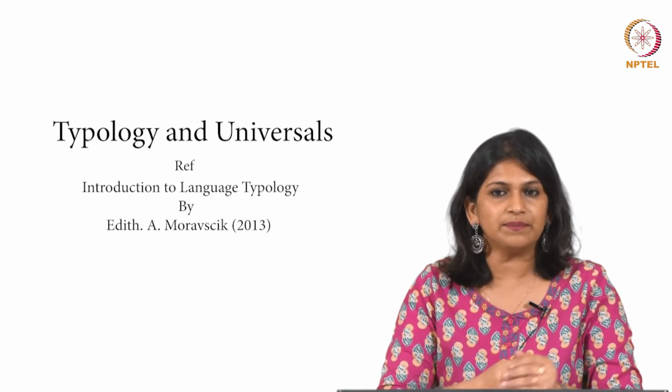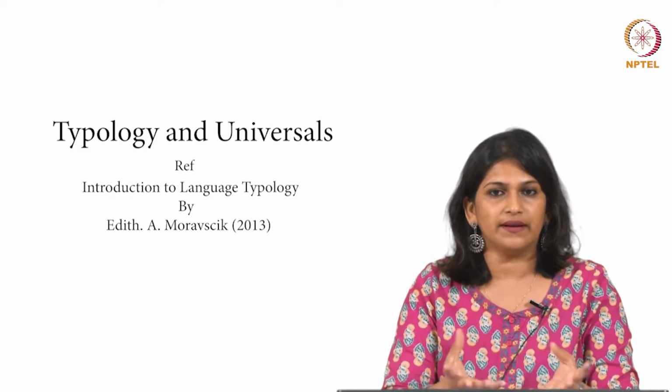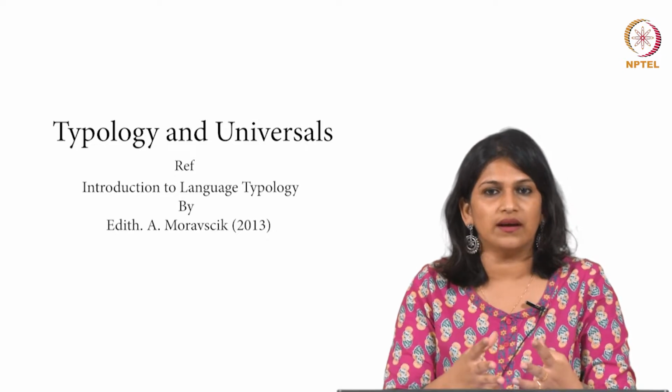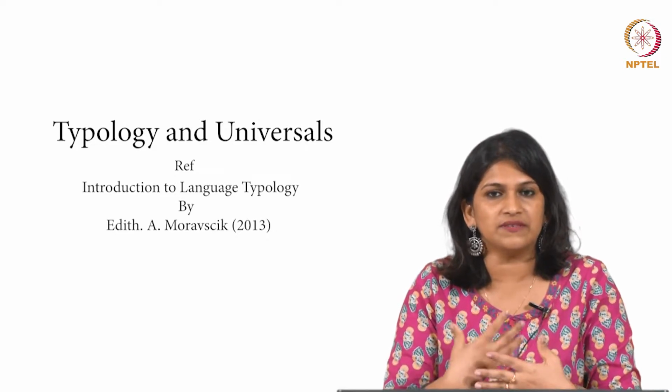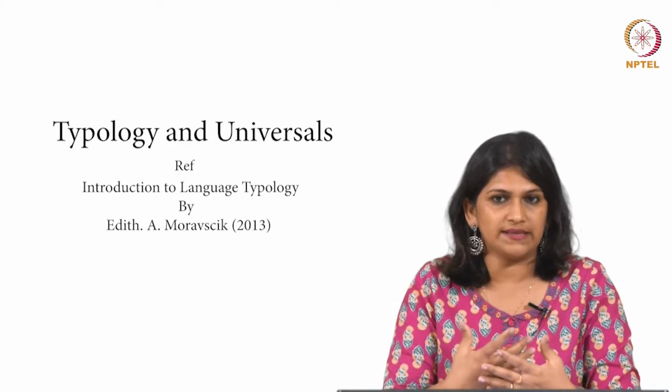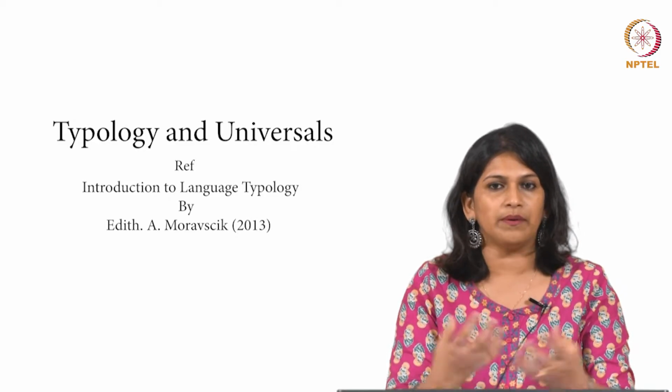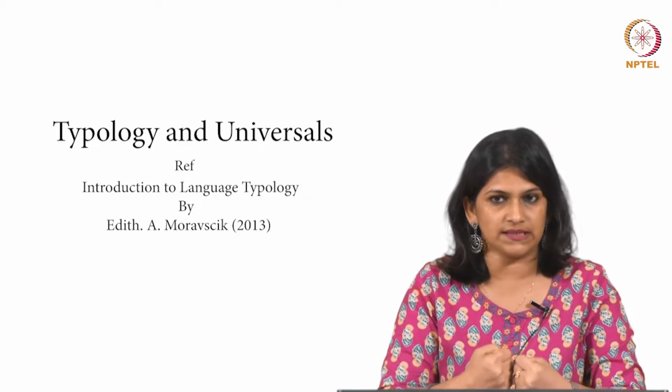So, if we have something called universal grammar, can we link it with the universal phenomenon that language has, can we really come up with some kind of combination with this.